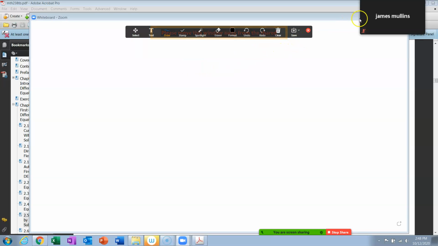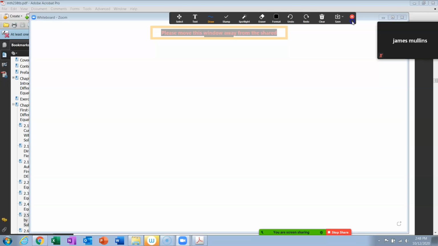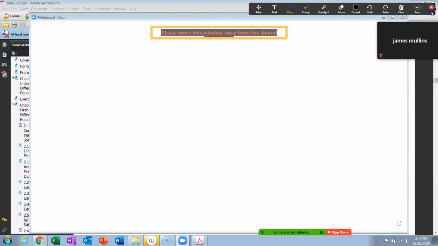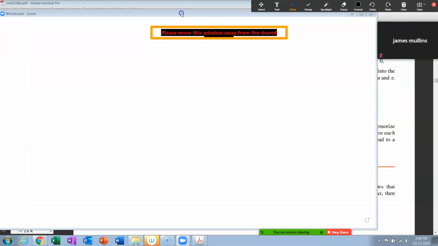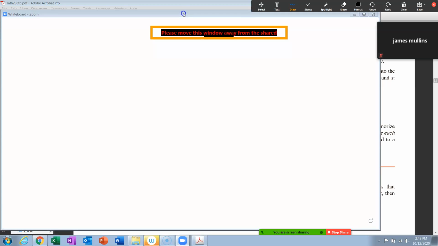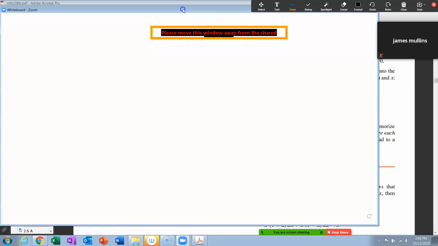Now what I've got to do here is move James over here just a tad and move this toolbar up above him, and then adjust my whiteboard slightly so I do have maximum white space. Now I do have a problem in that box is in the way, but I'll try to work around it.